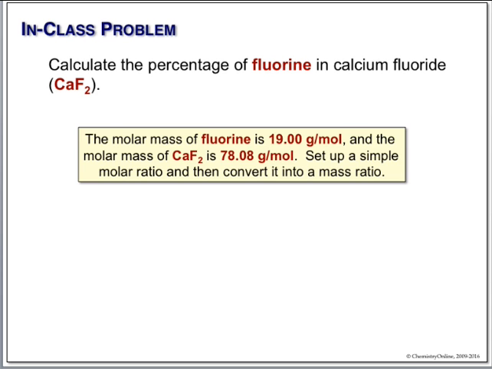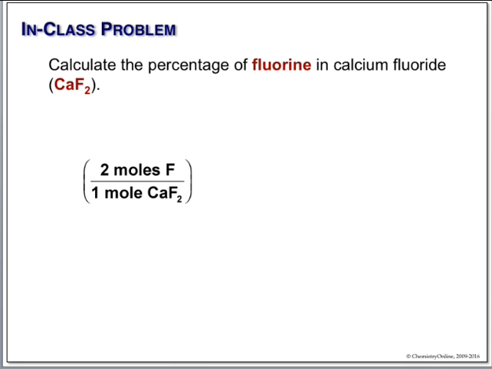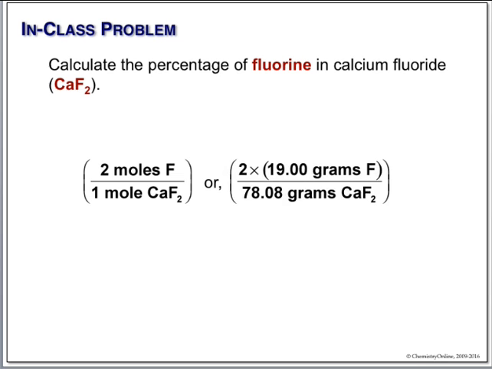Fluorine is 19 grams per mole. We add it up for calcium fluoride, and that's 78. Now we have 2 fluorines, right? So we're going to write this thing this way: 2 moles of fluorine for every calcium fluoride. Every fluorine weighs 19. Therefore, we simply multiply it by 2. The whole compound weighs 78.